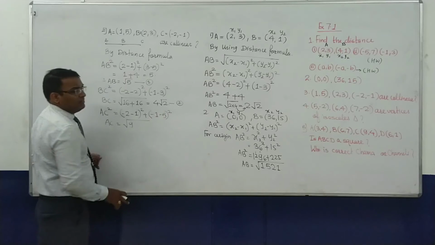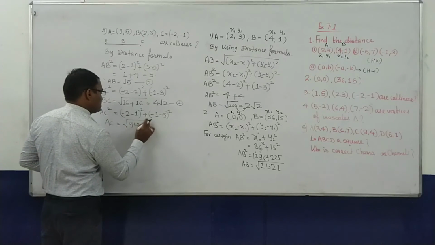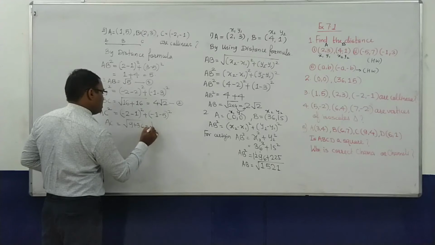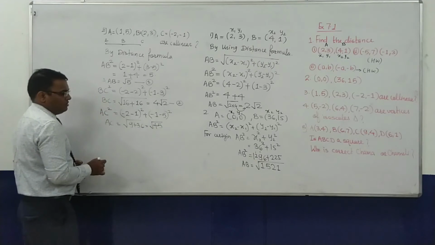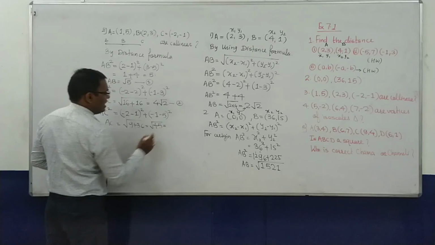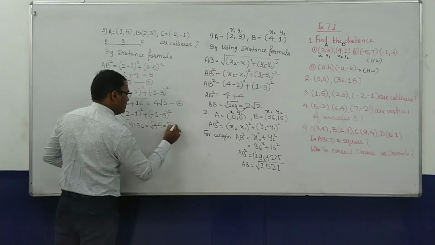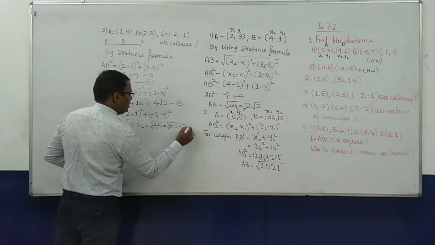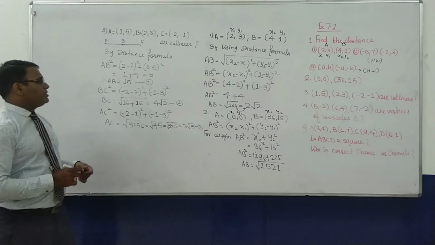Minus 1 minus 5 is minus 6. Square of 6 is 36. So it can be written as 45. Okay, 45 will be written as 9 5s are, so 9 into 5, or 3 root 5. This is equation 3.